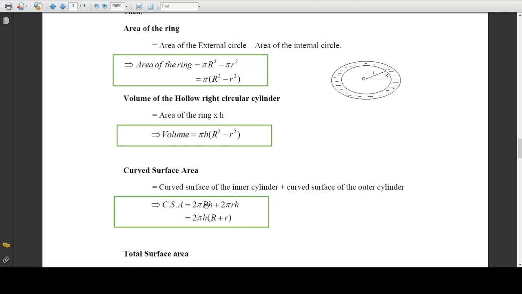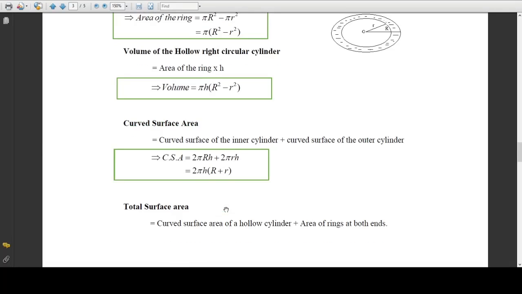Okay, here 2 pi R h plus 2 pi r h, the same thing. One is the outer radius and one is the inner radius. Just add these two and you'll get 2 pi h (R plus r). If you take common, 2 pi h is common, and R plus small r you will get within the bracket.